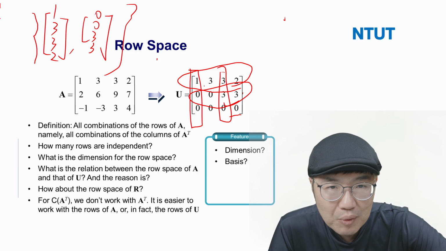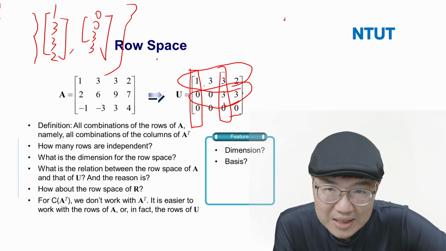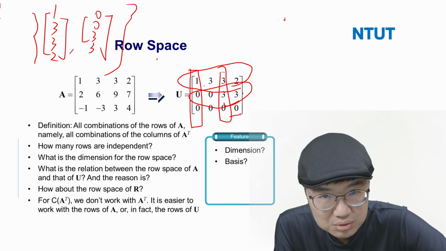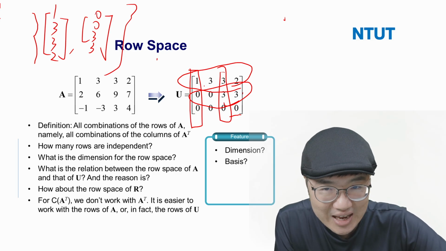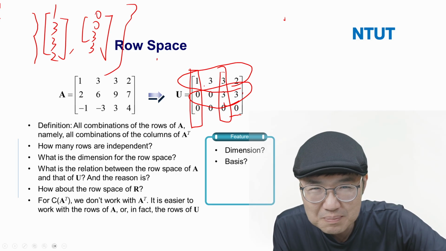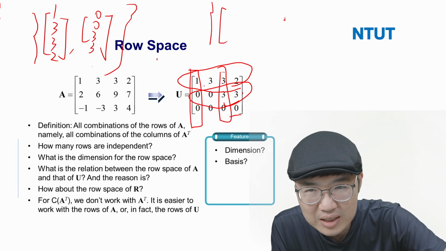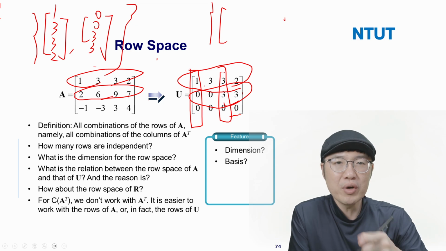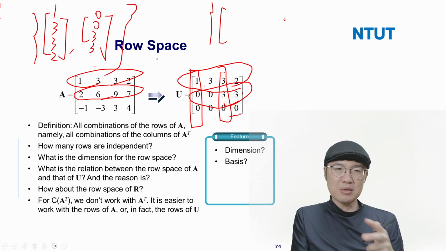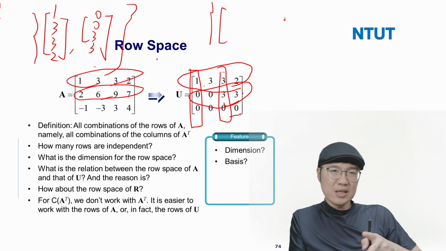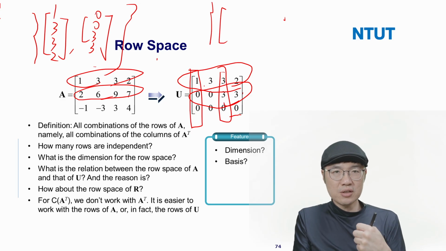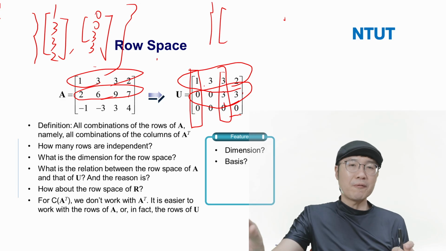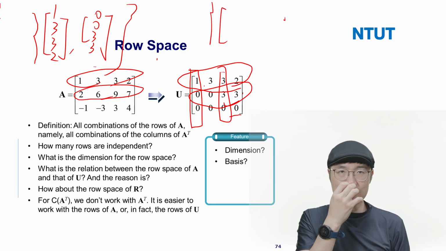And perhaps you are wondering, you ask about A, and why can't I see U? And why can't I see A from U? Should I give the independent rows in A like this one? Because all we need from U is to tell the independent structure. And theoretically, U only tells us the first column and the third column are independent, or the first row and the second row are independent.